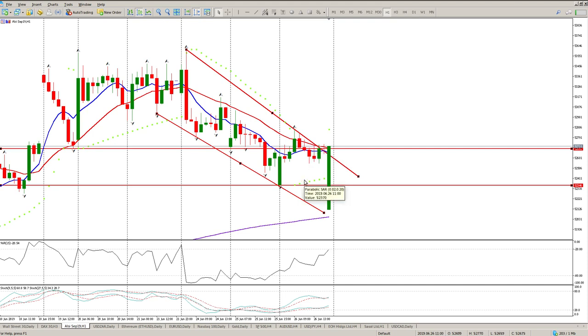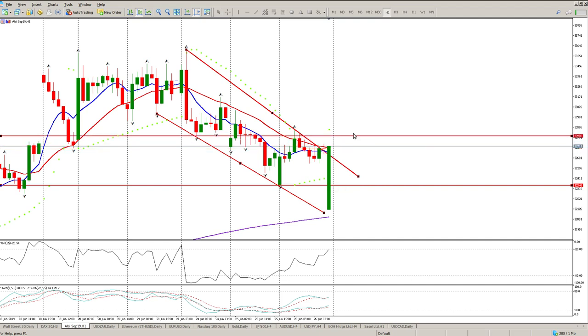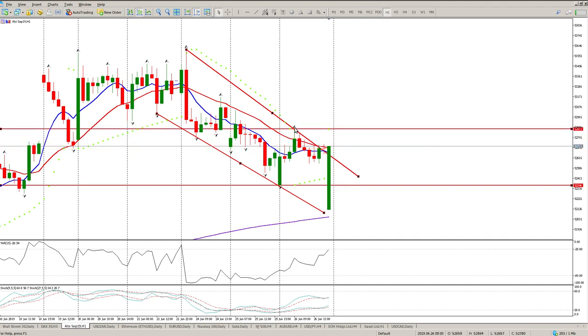So our line in the sand right now, I'll start using these lines, is pretty much the high of yesterday. If we get above the high of yesterday, that's going to break this consolidation pattern, and we're going to see a moving average crossover as well. And this is on the hour, so that's going to give me the confidence for piling in the longs, right?